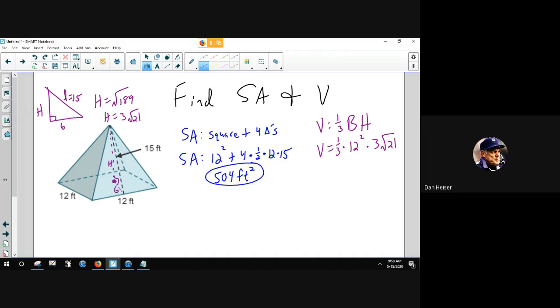So now we have 1/3 times 12 squared, which is 144, multiplied by 3 square root of 21. Well, the 1/3 and the 3 will cancel, leaving 12 squared, and then we have our volume.